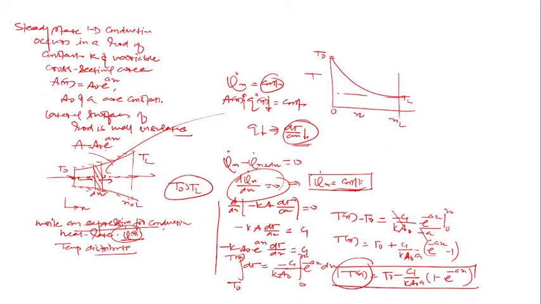And you can see from here also, the slope of this curve, if you draw tangent at any point, this will be dT upon dx, yes or no? So flux will vary at each and every point, but the rate of heat transfer is constant because area into flux is constant.